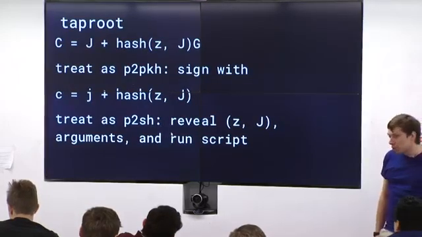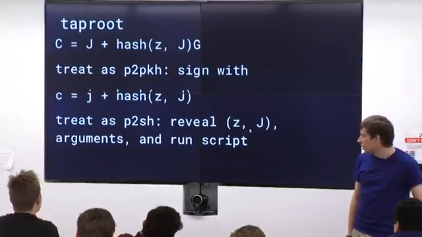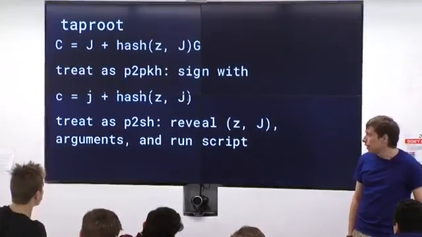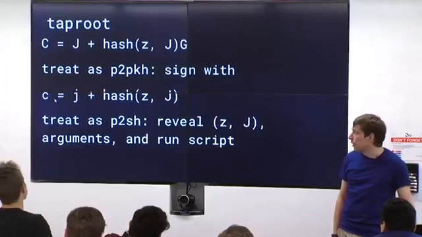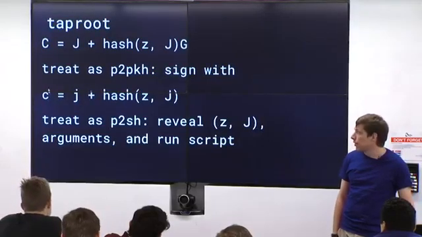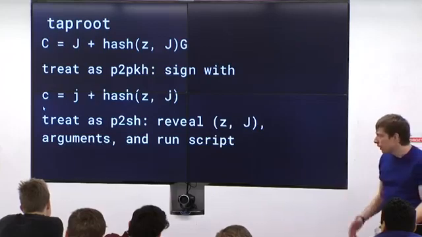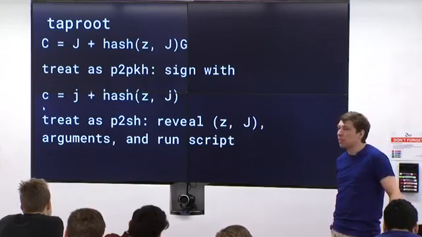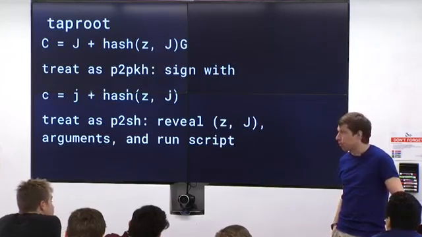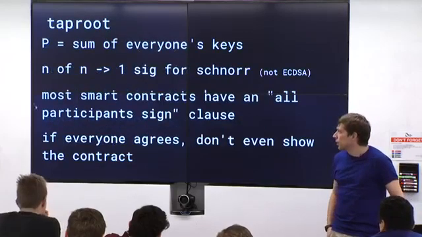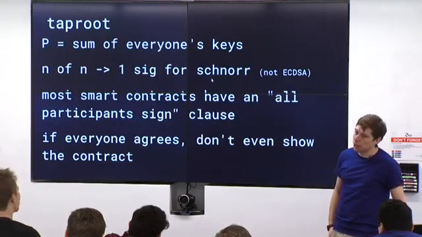So if I want to use 2 of 50, I have to reveal, and then I have to do the proof. But if I can get all 50 of 50 people to sign, they can produce a signature with private key little c. So when everyone's cooperating, you don't even see that there was a script involved. And you can do this with Schnorr signatures. You cannot do this with ECDSA.